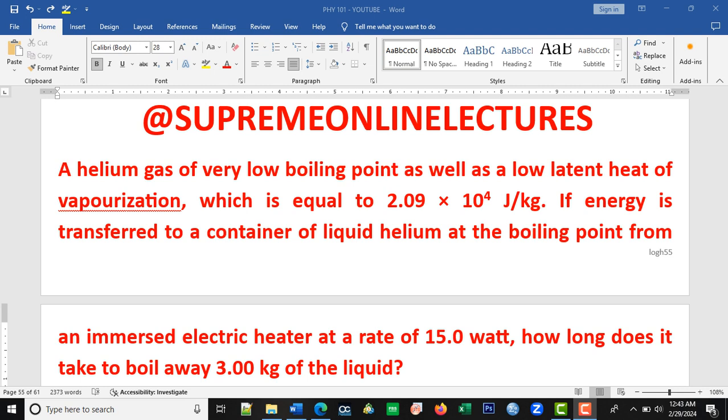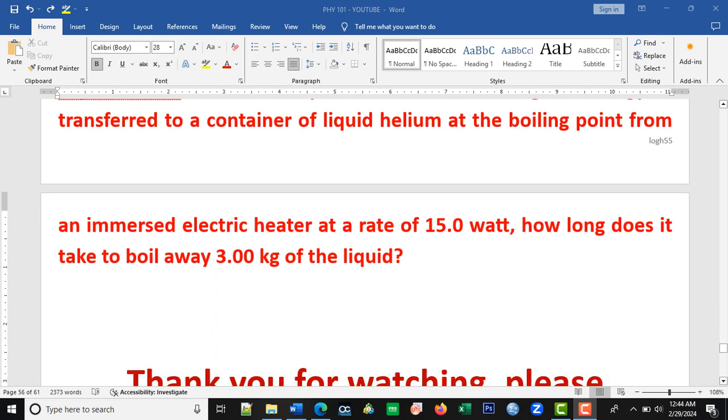The question now is, how long does it take to boil away 3.00 kilogram of the liquid? In this case, how long is referring to time. So we have to estimate the time, and the mass of liquid which is going to be boiled away is 3.00 kilogram.